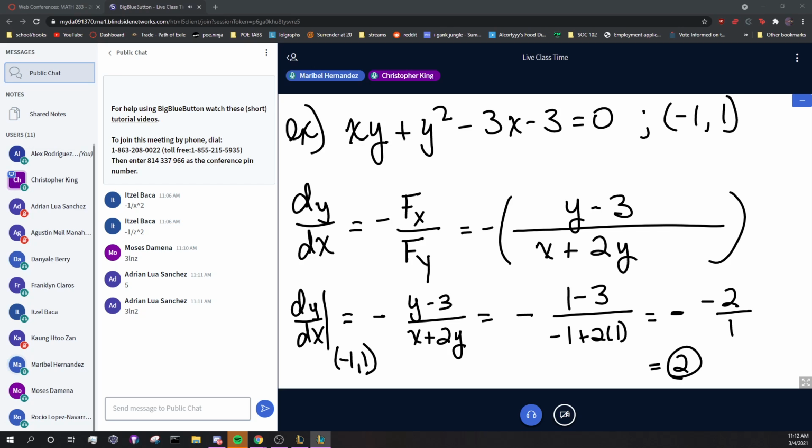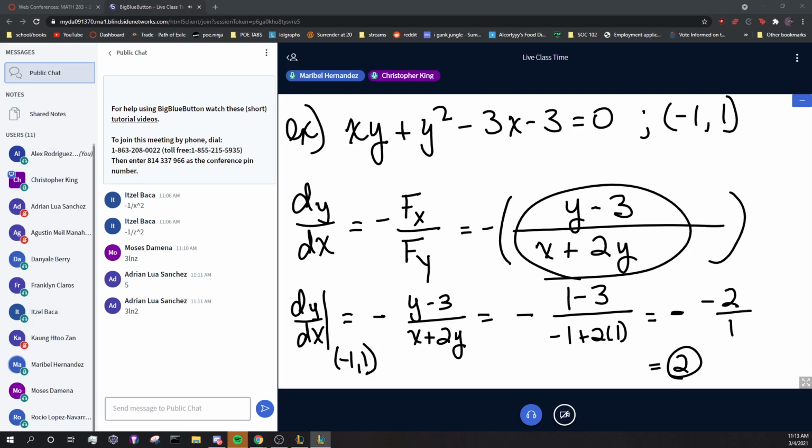Right. So what we're doing is we are using partials in order to find that. So if I do actually work this out in terms of implicit, I'm going to get this answer right here.